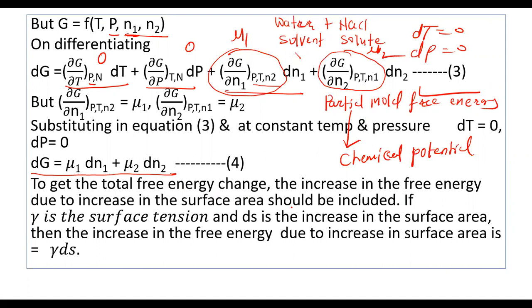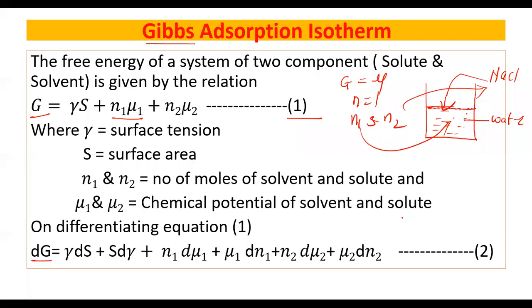Try to understand: if gamma is the surface tension and dS is the increase in the surface area, initial surface area and final surface area, without the addition of sodium chloride the initial surface area will be less, and due to the addition of sodium chloride the surface area has to increase.